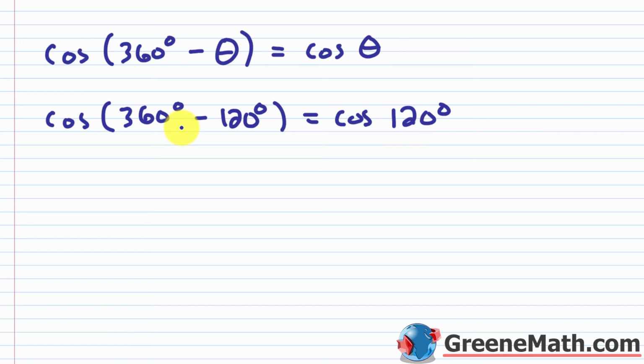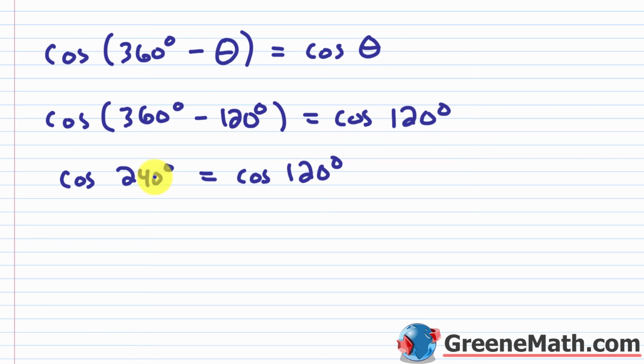This right here would end up being 240 degrees. So the cosine of 240 degrees is equal to the cosine of 120 degrees, okay? So it does not matter if I punch this in as 120 degrees for the cosine or 240 degrees, that value is the same. Okay, so when you go through and do your calculation, you're going to get the same answer, whether you work with it as is or you do a little conversion.